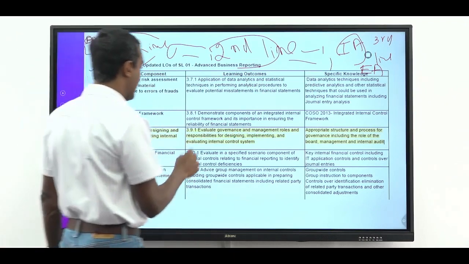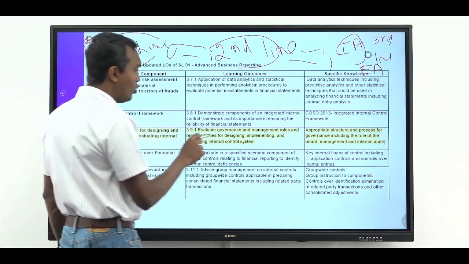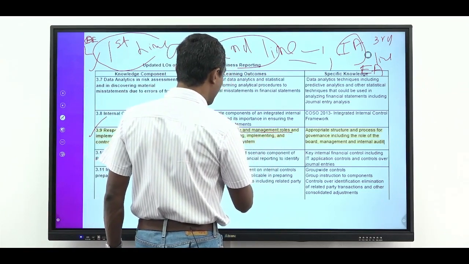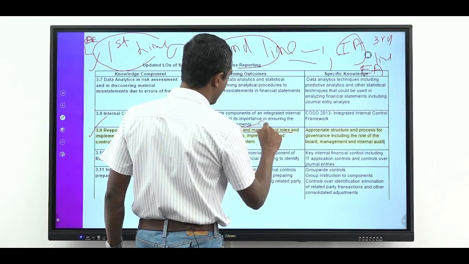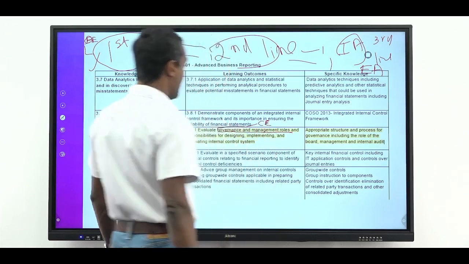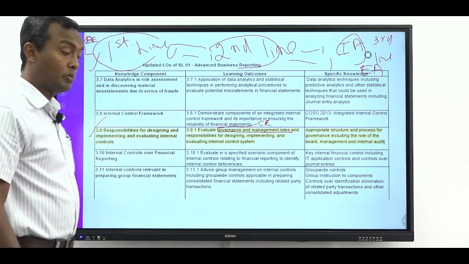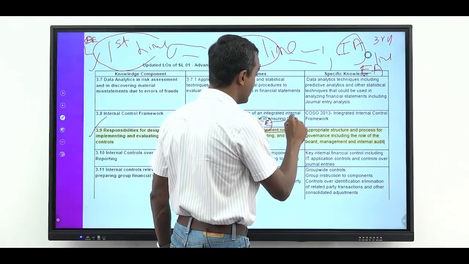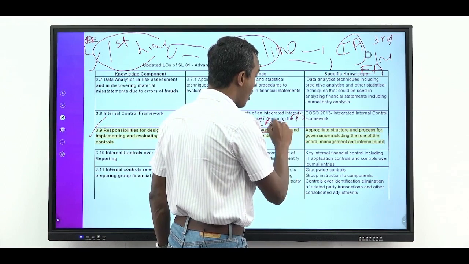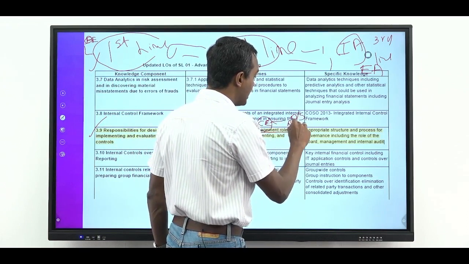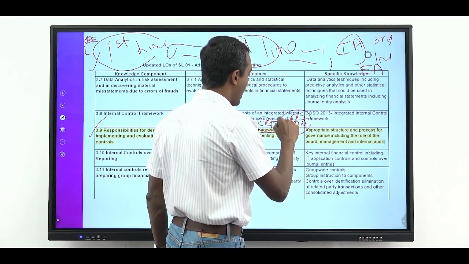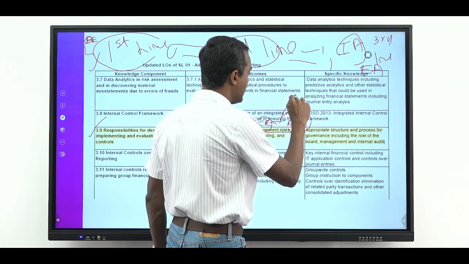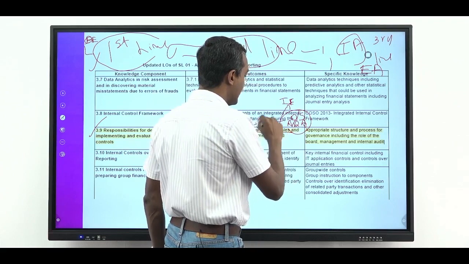If you read the LO, evaluate governance and management roles. Now actually governance role is mostly about the control environment, right? And you know, as a part of control environment, we have elements like organization structure, how authority and responsibility is assigned, and how the board is going to set the tone in terms of ethical culture, integrity and ethics. So this is an important part.